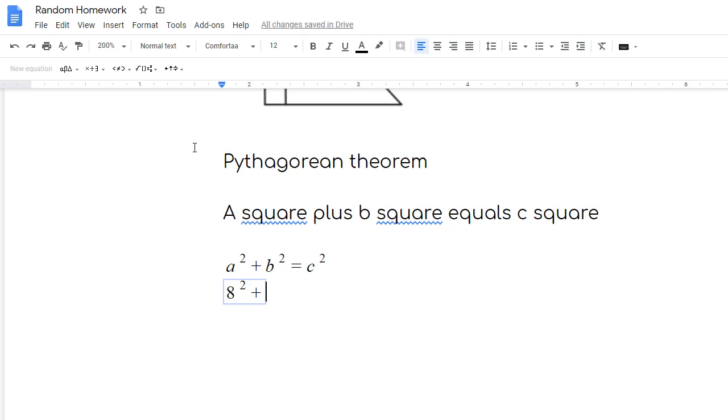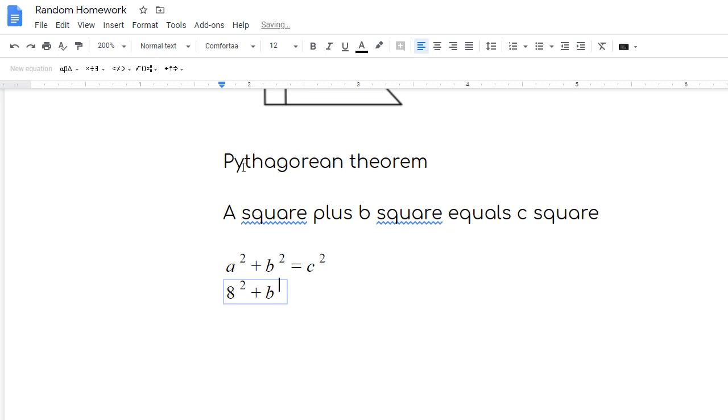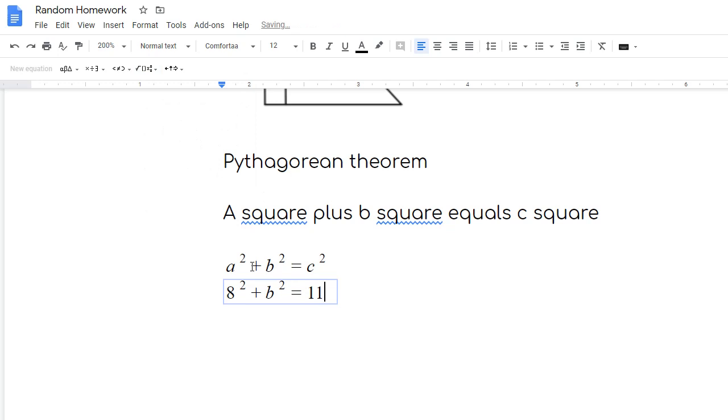We're not going to replace that with anything, since it is unknown, so b, go up to math operations, exponent, right arrow key, exponent 2, right arrow key to come back down, equals. Now c, I need to replace with 11, so 11, and I need the exponent 2 for the square: math operations, exponent, right arrow key, and 2. Click outside. So there you have it.